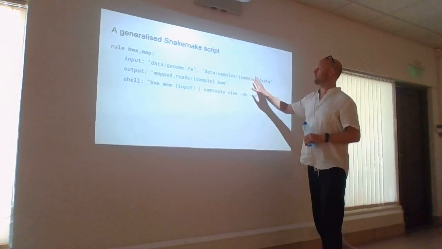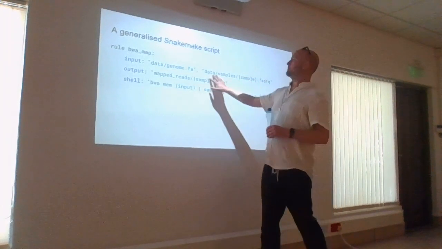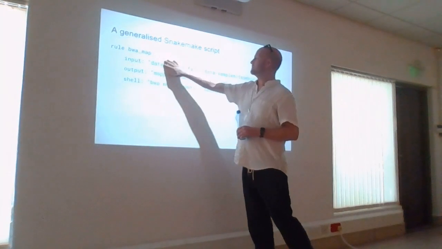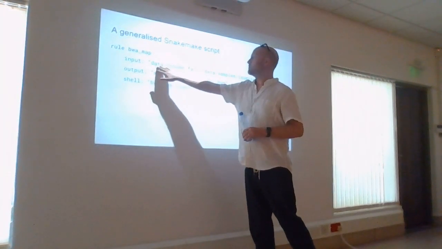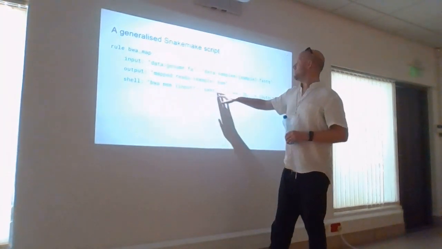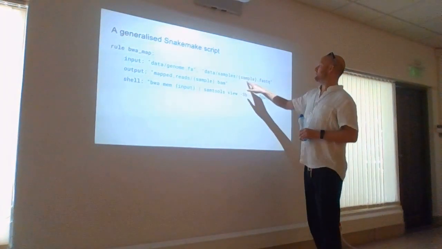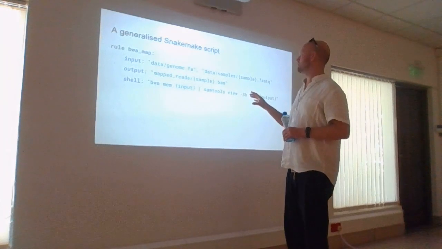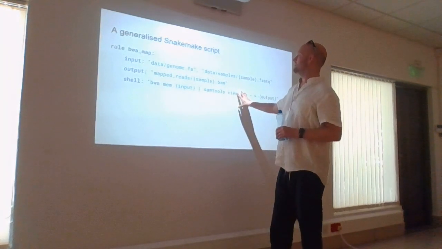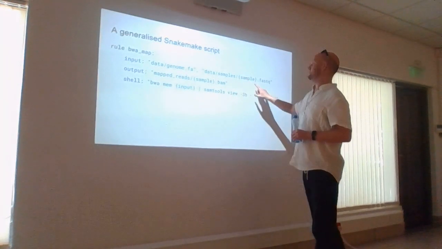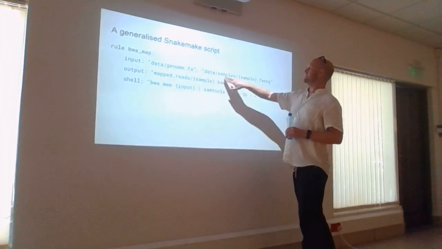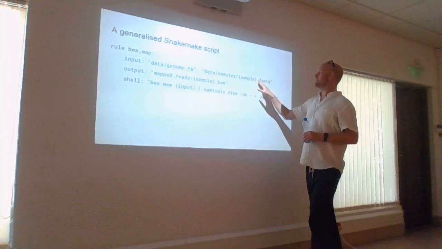So these are wildcards. Again, we just have these two input files. It's the same rule doing the same thing. Input data is the reference genome. But now here we have, in curly braces, sample. This is also a little bit tricky to get your head around sometimes. But when this runs, Snakemake is going to look in data samples, and it's going to look for everything that matches this pattern.